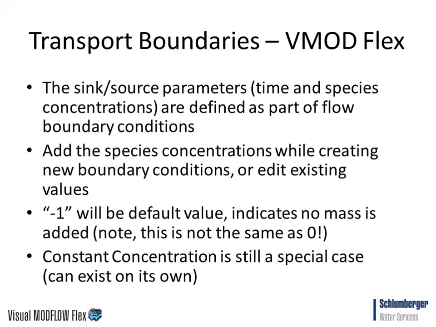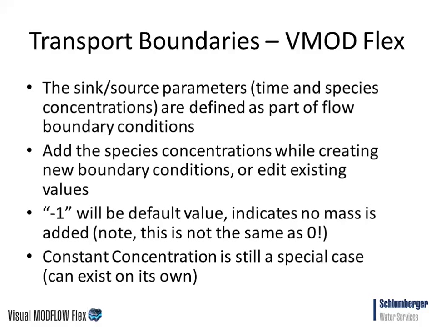The sink source parameters, which are just time and species concentrations, are now defined as part of the flow boundary conditions. You can add your species concentration while creating a new boundary condition, or you can edit existing boundary conditions and change those default species concentration values. If you have transport turned on, by default these species concentrations will show with a value of -1.